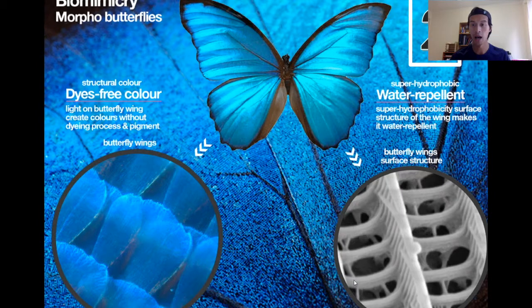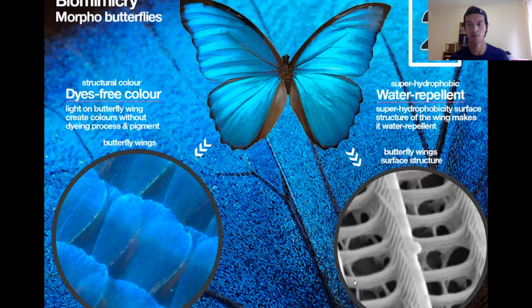Number 2, butterflies. So the structural color, the light on the butterfly wing, creates colors without dyeing processes and pigments, and so butterfly wings have this really cool layout that changes the way the light reflects off of it, and it works really well without having to dye it too much.